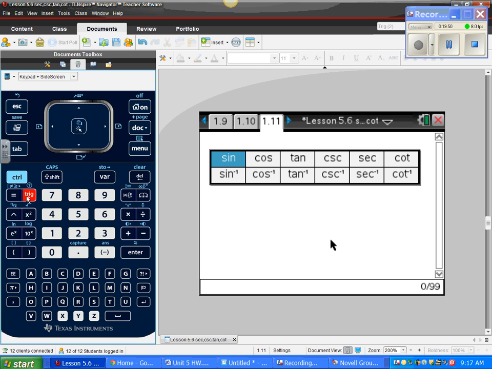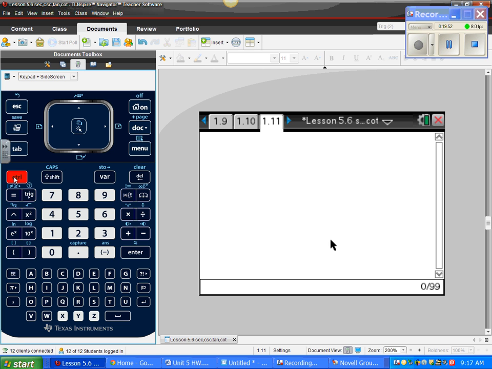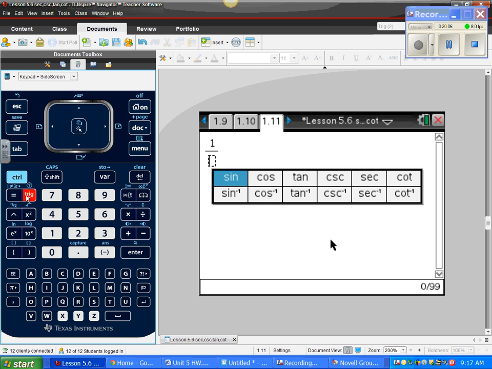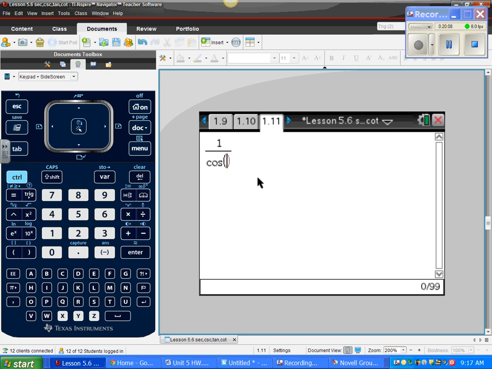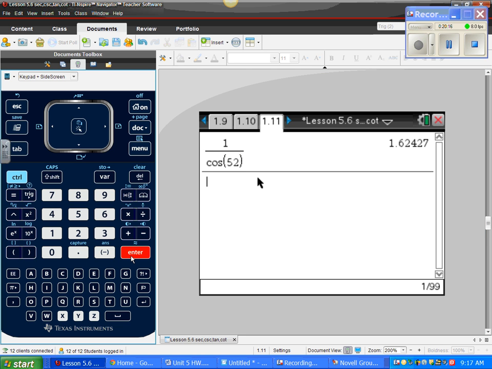Okay, so you're going to put it in your fraction template. 1 over, yep, hit your trig key. You can use cosine. And you're going to put in 52. And hit enter. So the approximation is 1.62, okay?